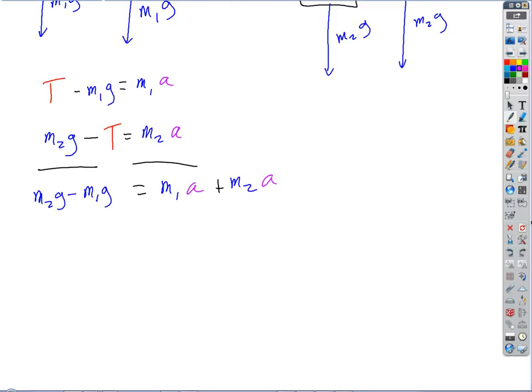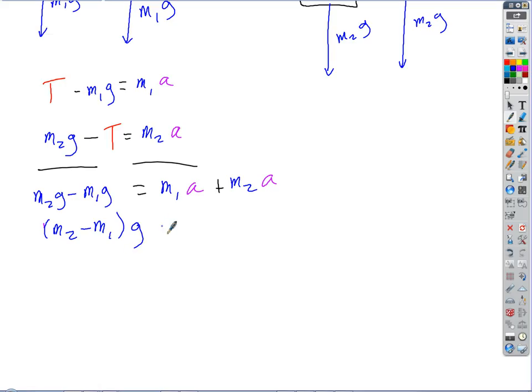Okay. Now we're going to look back on this in hindsight and say, well, maybe we could have tweaked this just a little bit and made this a little simpler. So I could factor a G out of that. Because M2 times G minus M1 times G, isn't that the same thing as the quantity M2 minus M1 times G?